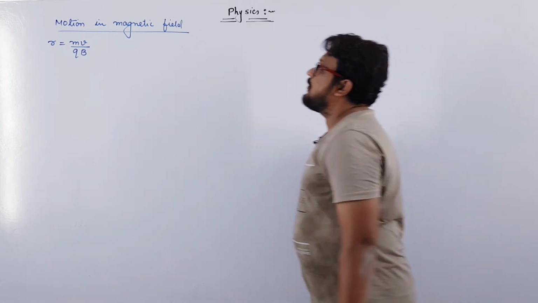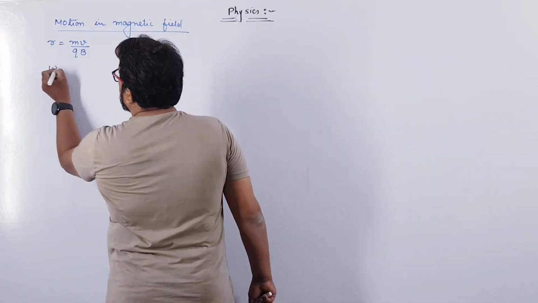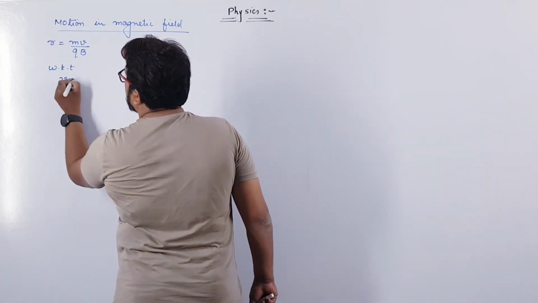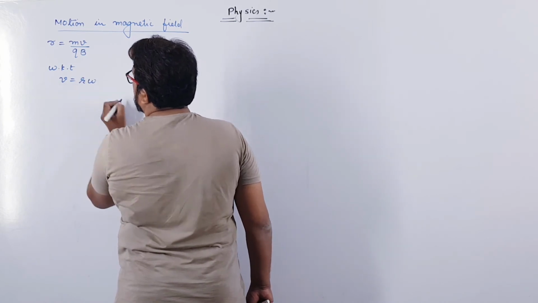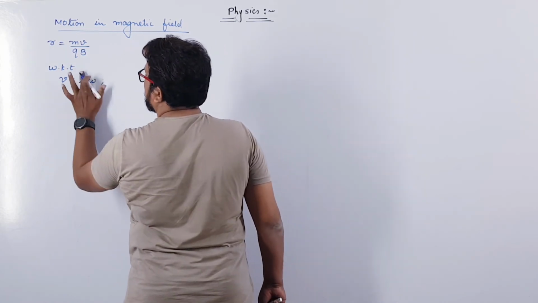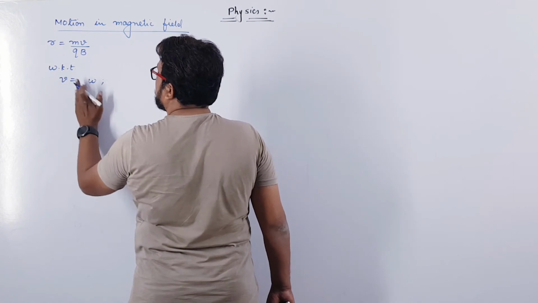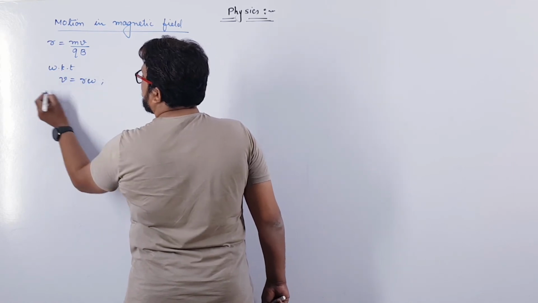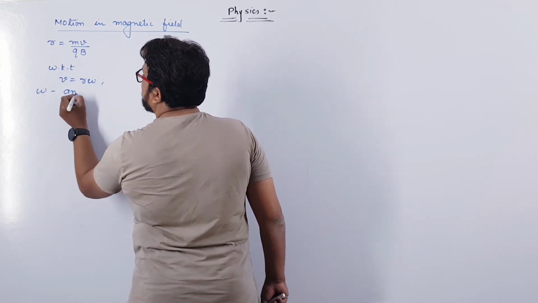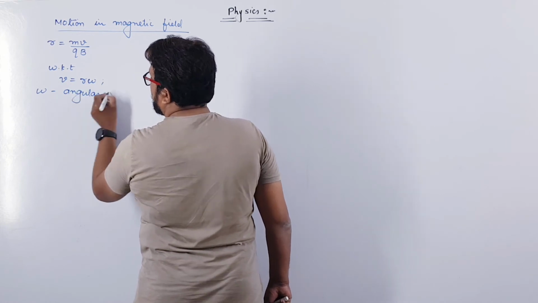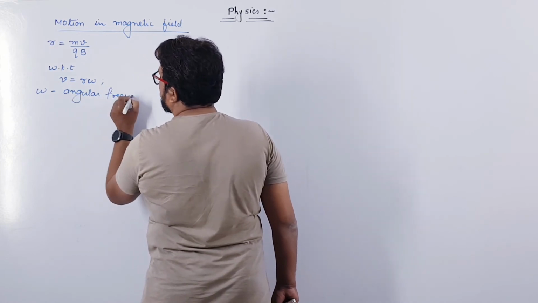Now here we know that velocity v is r omega, where omega is the angular frequency.